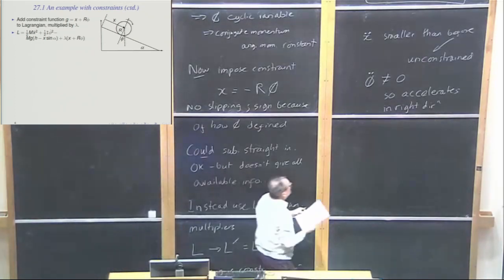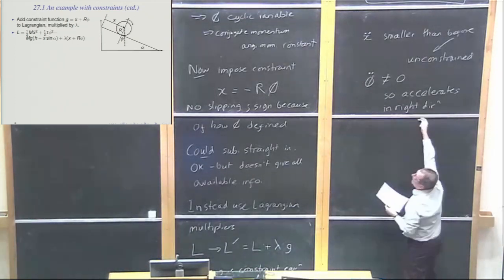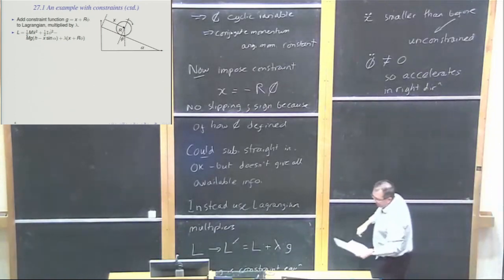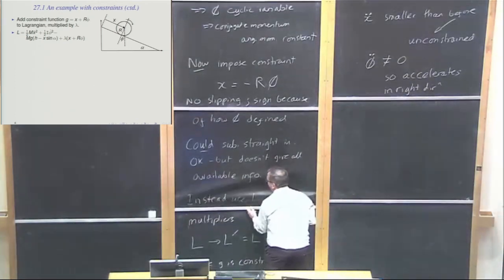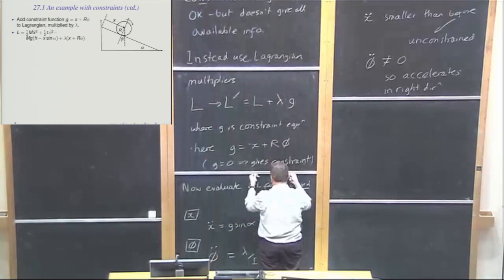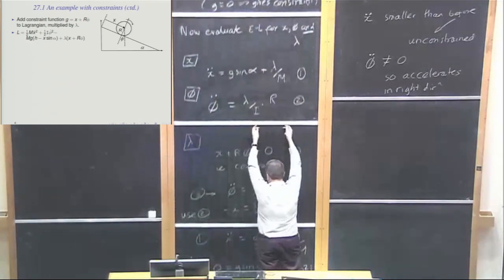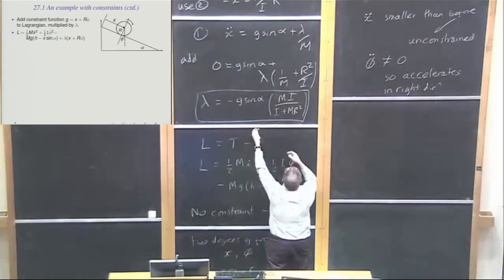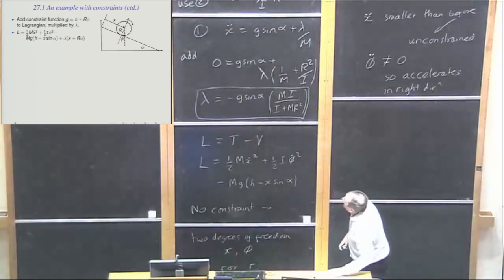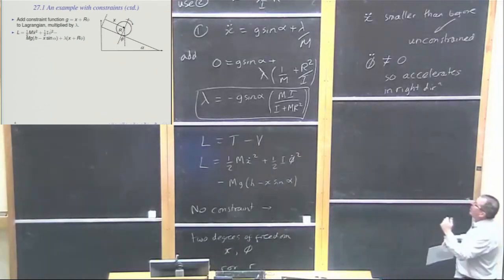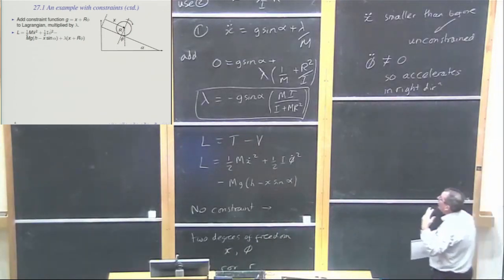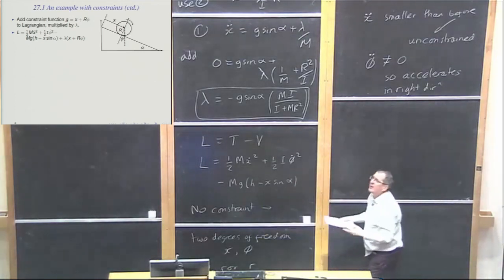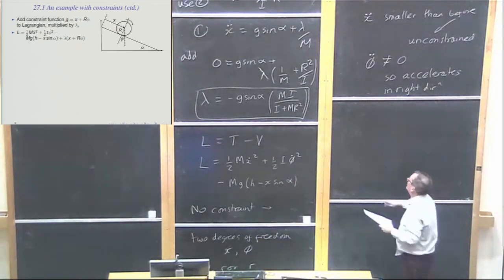So this is already an interesting result, I think you'll agree, but I want to come back to lambda and what we can learn from that. We can find it again. There she is. Maybe it went by rather quickly yesterday, but one of the important things about this approach is that we can learn about the forces of the constraint.